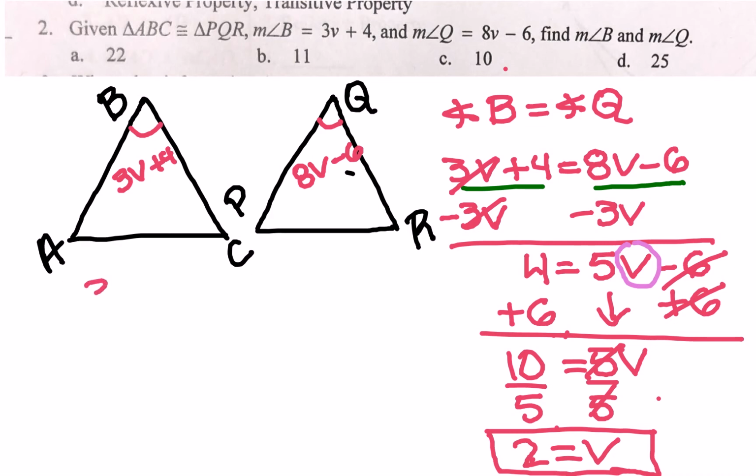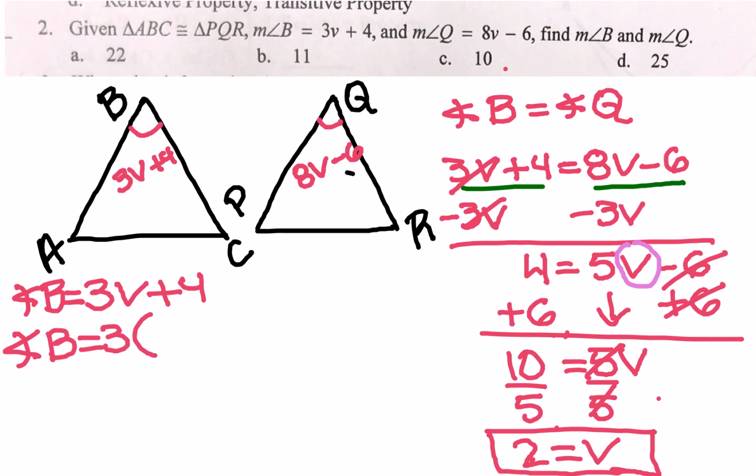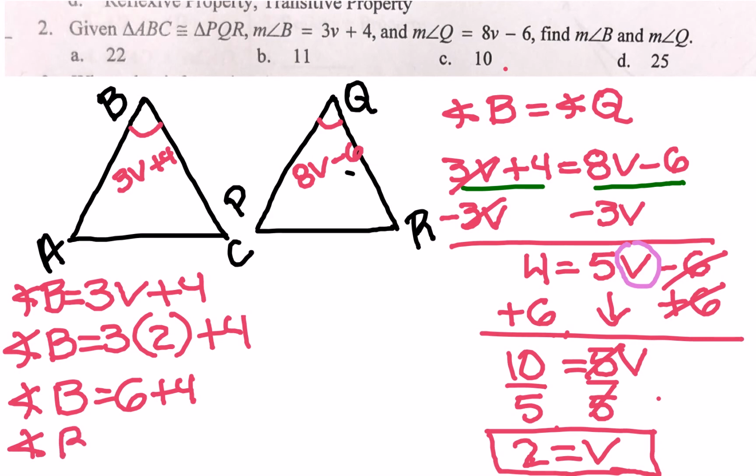So let me check. 3v plus 4 is angle B. Angle B equals 3 times my value for v, which is 2, plus 4. Now, angle B equals 3 times 2 is 6, plus 4. So, angle B equals 10.